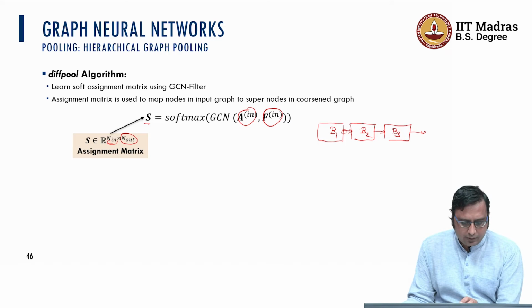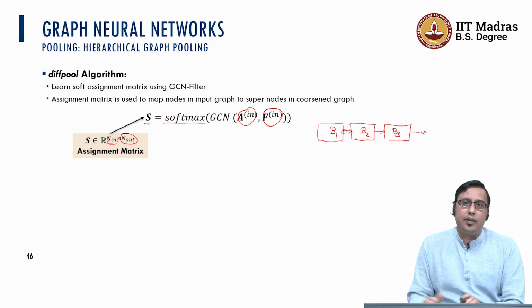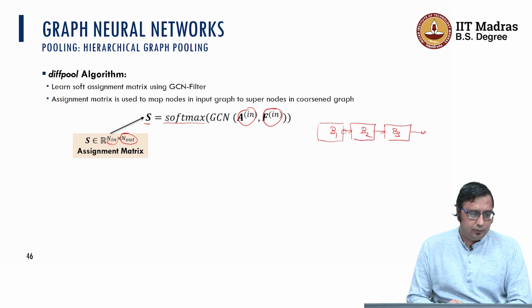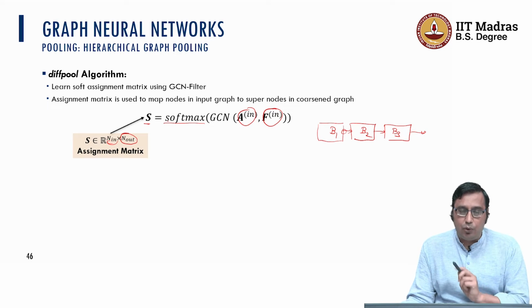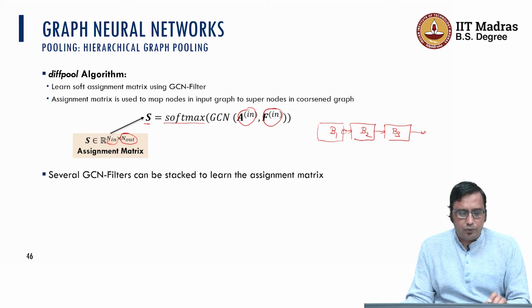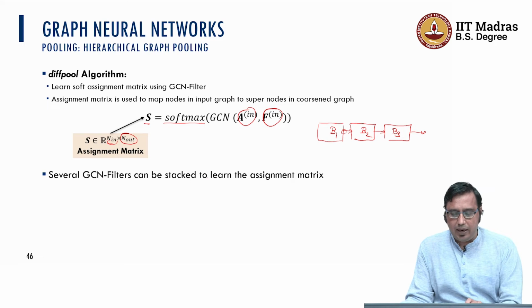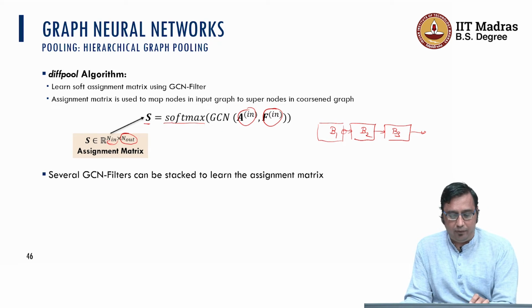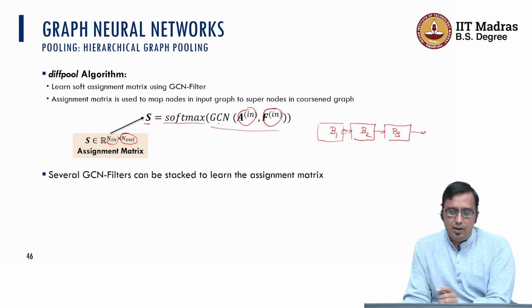Here softmax is important, how it's applied. Softmax is applied row wise, and hence each row will be normalized between 0 and 1. So as I told you, several GCN filters can be stacked to learn the assignment matrix. I'm showing only one, but it's possible there are several GCN filters.